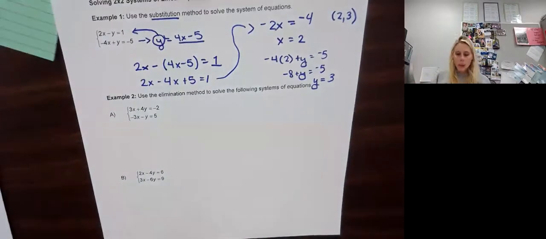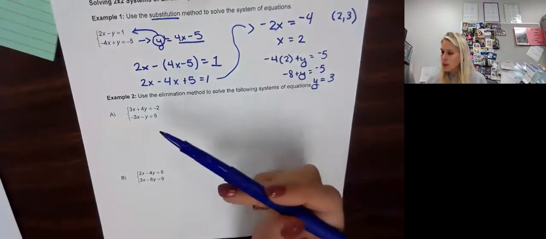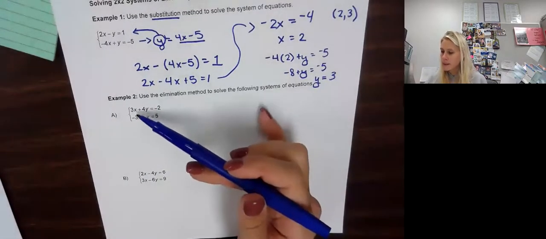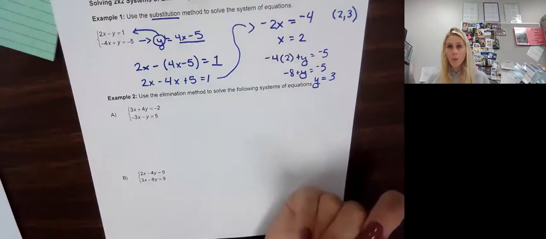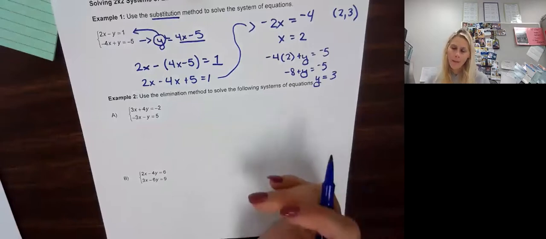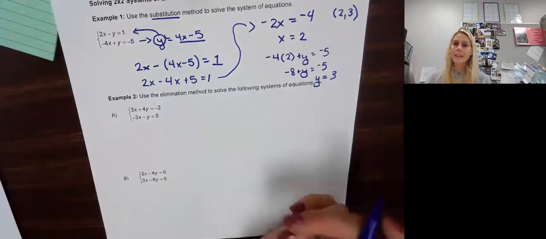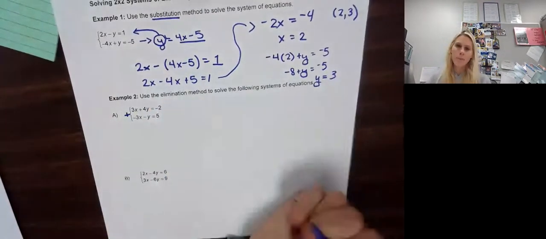This way we're going to do some elimination here. So when I look at this 2x2 system, I see that my x's are opposite of each other. Well, to eliminate, to get rid of, if we had two numbers that were total opposites, to get rid of it, we would add them.